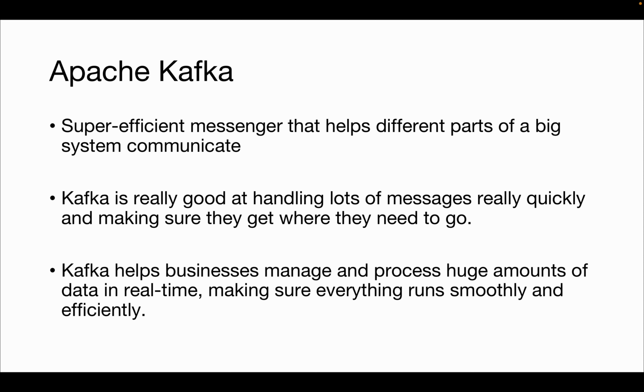Kafka helps businesses manage and process huge amounts of data in real time, making sure everything runs smoothly and efficiently. Kafka also makes sure our system remains fault tolerant and highly scalable. We'll be understanding Kafka brokers, partitions, topics, etc. in our upcoming videos.